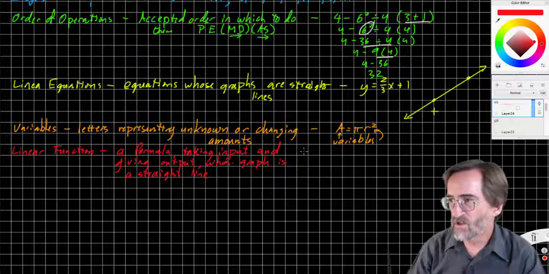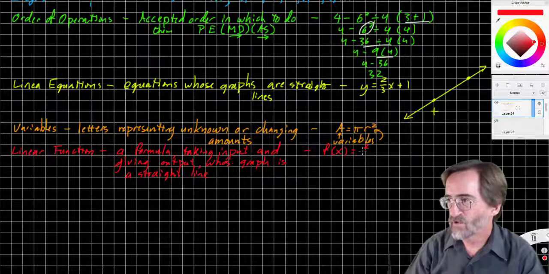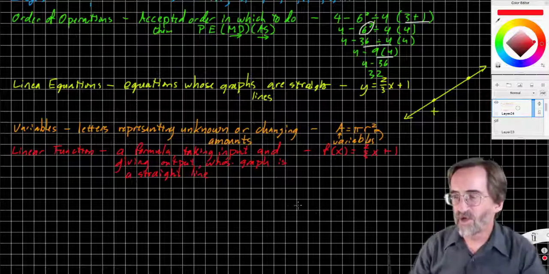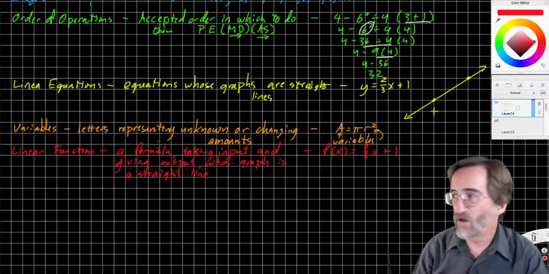Okay, it's like a linear equation, really. So let's say instead of y equals, we'll say f of x equals 2/3 x plus 1. F of x behaves like y, where x is the input and f of x is the output.